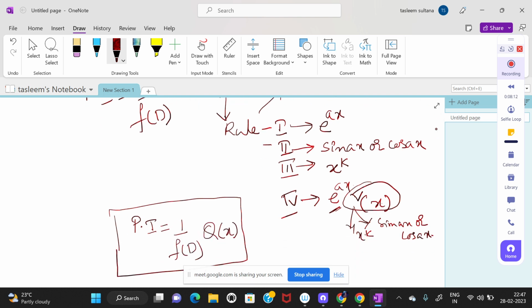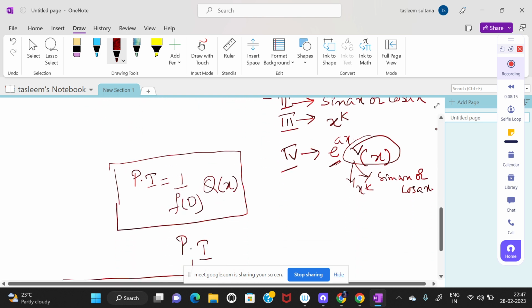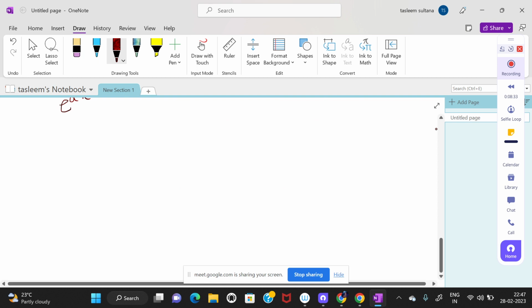It can be in the form of sin ax or cos ax. The fifth rule is simply x into v of x. These five rules are there for your non-homogeneous differential equation. Before proceeding, you have to know how to write the complementary function.